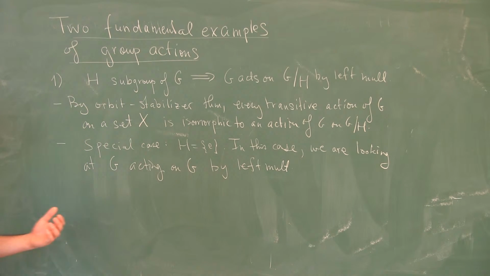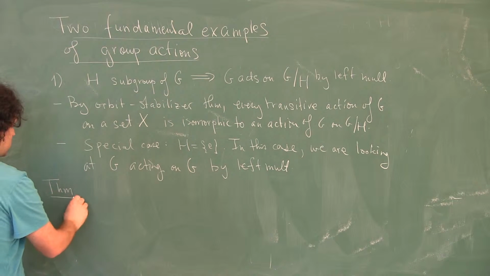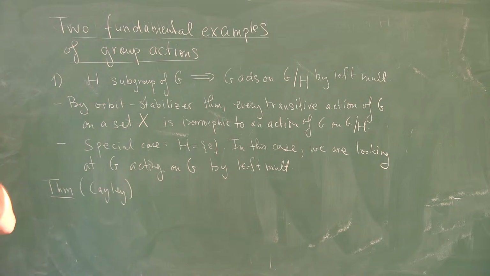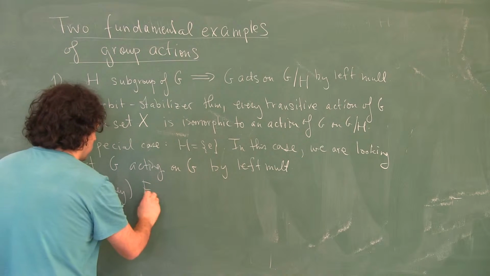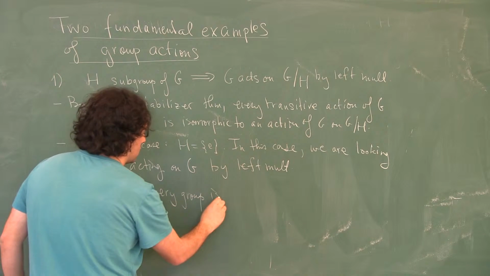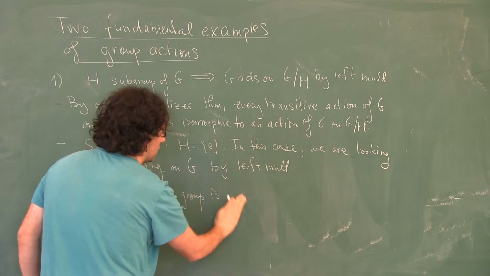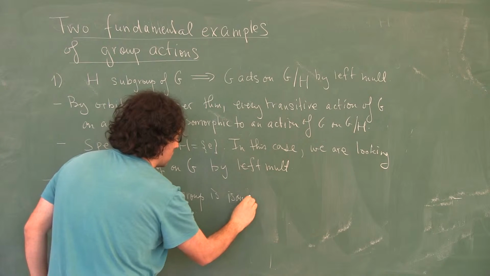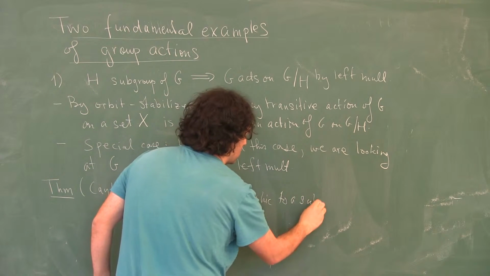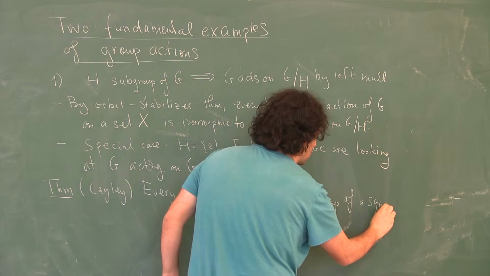And we have the following theorem, called Cayley's theorem, that says that every group is isomorphic to a subgroup of a symmetric group.